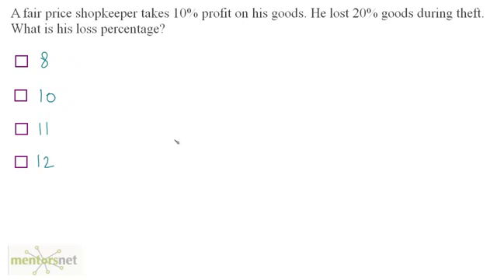A fair price shopkeeper takes 10% profit on his goods. He lost 20% of goods during theft. What is his loss percentage? Let us assume that this shopkeeper has 100 items, which he bought at the rate of 1 rupee per item. The cost price is 100 times 1, which is 100 rupees.